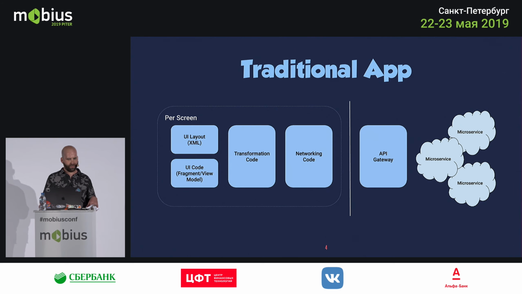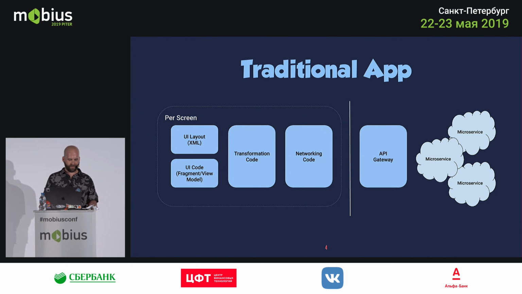Over on the left you have these boxes that we all know. You make a networking request, it's not in the shape you need it, so you have to transform it. Then you have your view model or presenter, whatever it may be, because we want clean code and slim activities or fragments, and then the fragment and the UI.